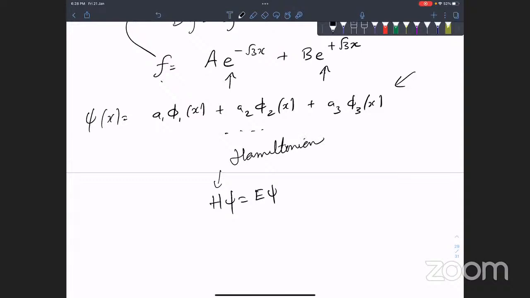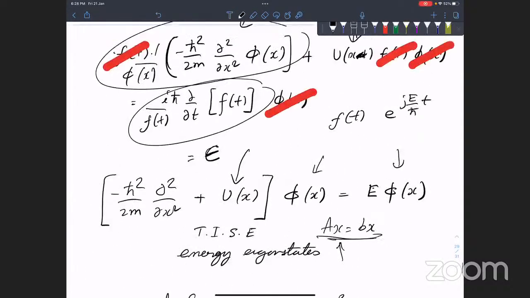Hamiltonian is basically adding kinetic energy and potential energy. That's all, right? It's the sum of kinetic energy and potential energy for a classical system. And that's why this particular operator is called the Hamiltonian operator.